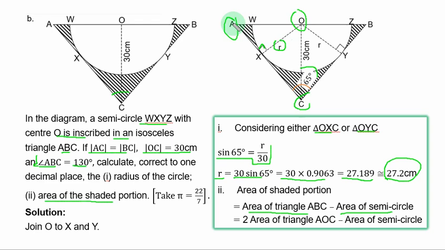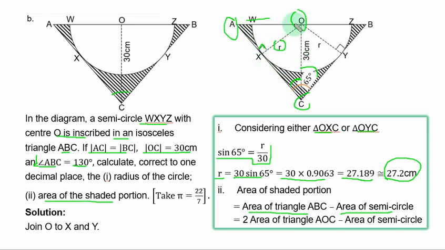Now the base is OA. OA is unknown, so you have to get it. The height is 30. So if this angle is 65 degrees, to get OA, you have opposite, considering this angle, this is opposite, and this is hypotenuse.